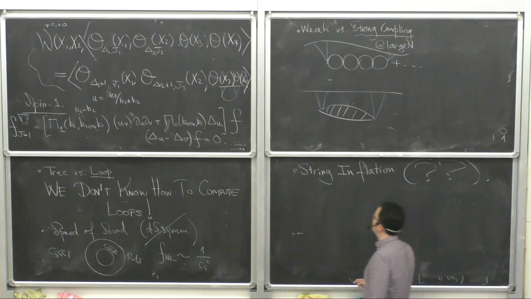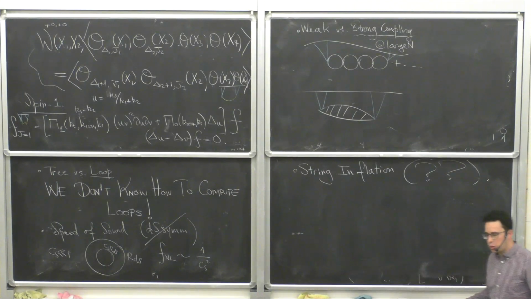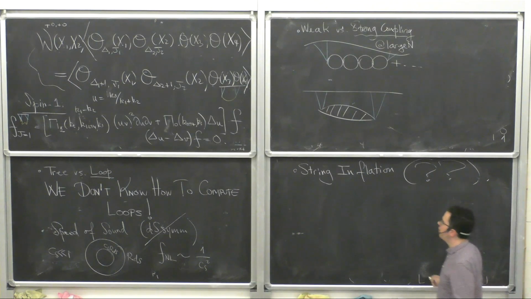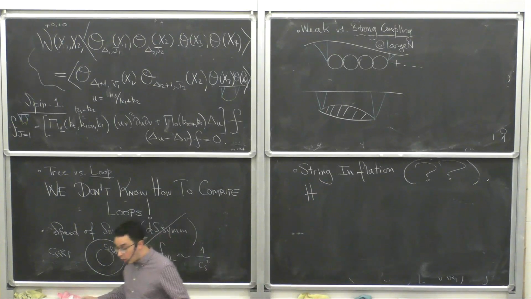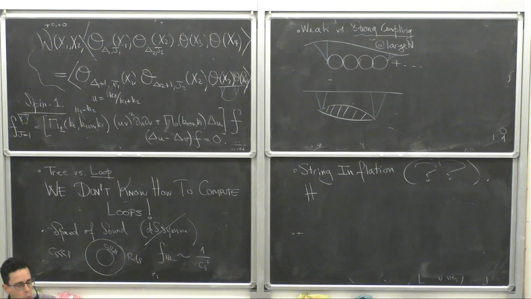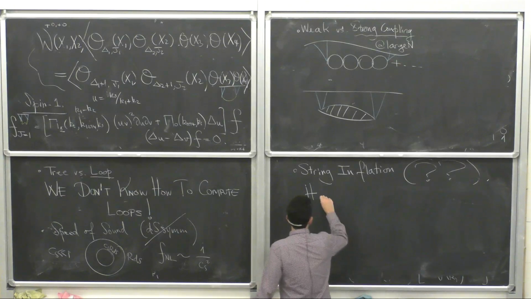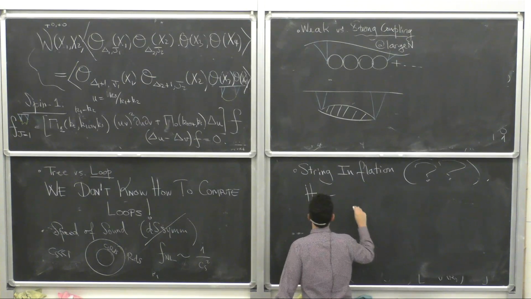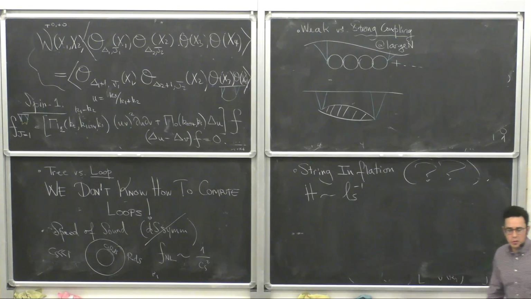String inflation in this language is something, I think, much cooler, which is, we have the Hubble scale during inflation that we don't know what it is. People are willing to bet that it is at the 10 to the 14 GeV scale, close to the GUT scale. What if this is the string scale? Okay? What if the Hubble scale is of the order of the string scale?